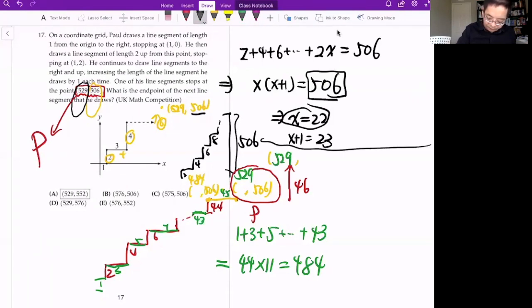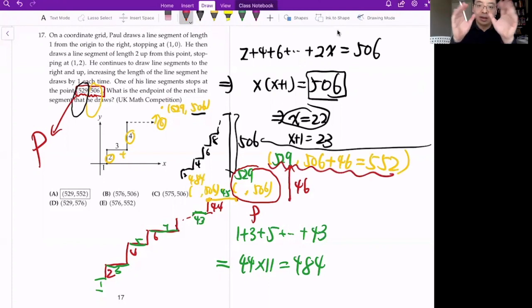We need to figure out the y coordinate, that's 506 plus 46, since it goes vertically up. This equals 552. So the point right after point P has x coordinate 529 and y coordinate 552.